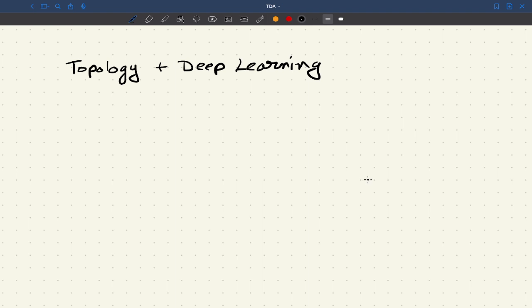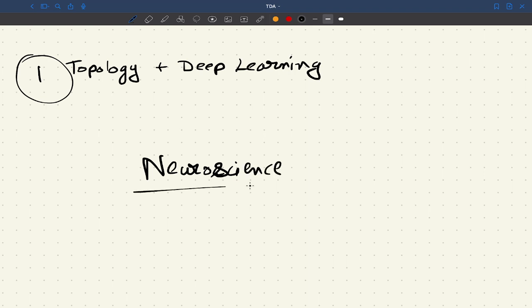So this is one application. One other application: people are using topological analysis in neuroscience as well. People are using TDA in neuroscience. In our human brain, we have different kinds of regions.